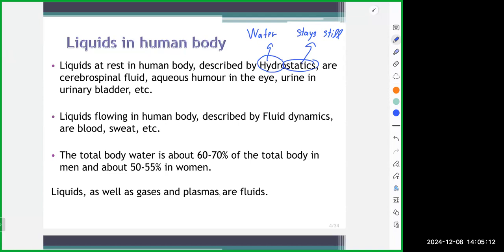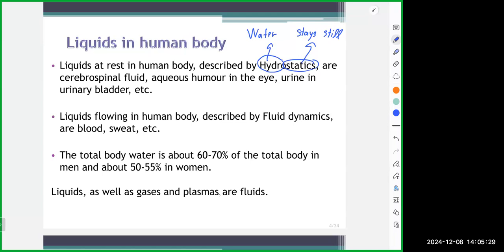Examples of this type of liquid in the human body are cerebrospinal fluid, aqueous humor in the eyes, and urine.